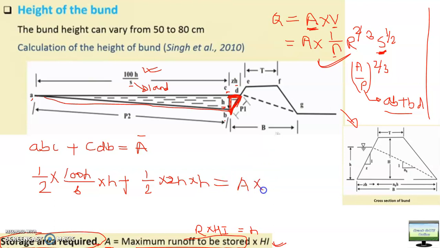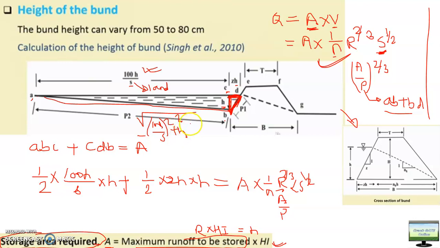Then A into 1 by n, R to the power 2 by 3 and S to the power 1 by 2. So you calculate A by P. How can you calculate P? You use the Pythagoras theorem. That will become the square root of (100 H by S) whole squared plus H squared.